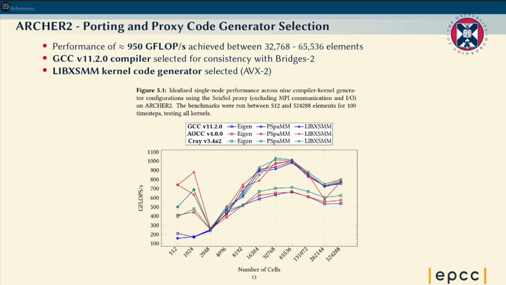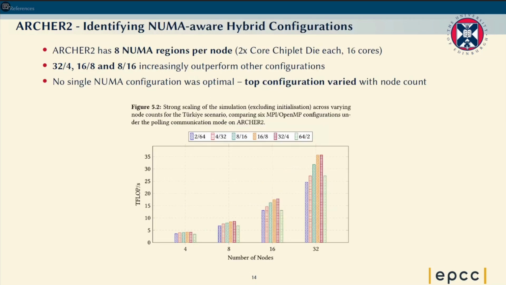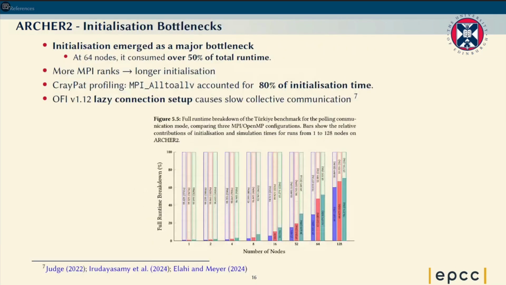Thanks. So when you were talking about the problems with initialization and that all-to-all V, did you consider, if you were going to advise the developers of the application, how the all-to-all V might be replaced with other communication patterns?